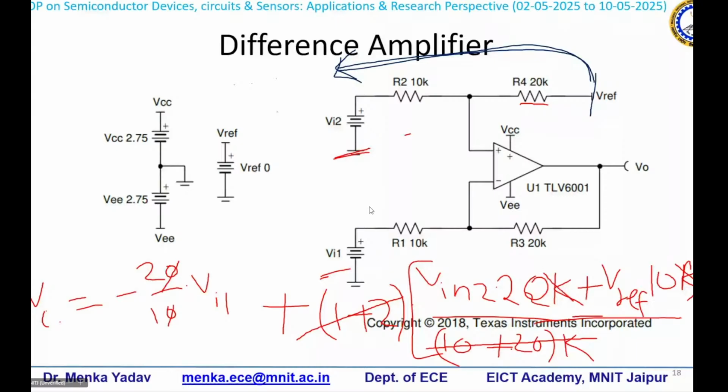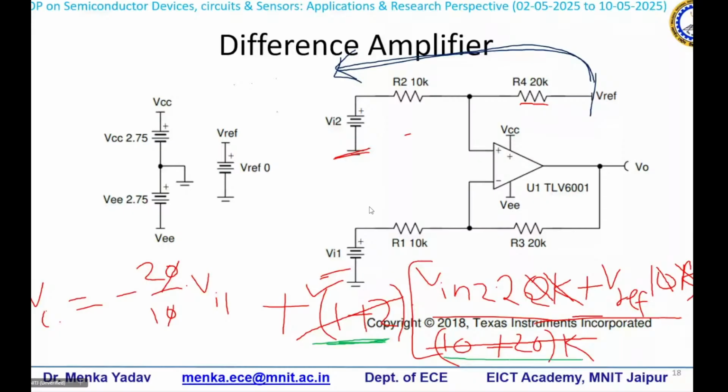Zeros are getting cancelled away because this 0 taking outside becomes 30 over here and downside it is already 30. If I am taking 10K common from this, it becomes 30K and this is already 30K.